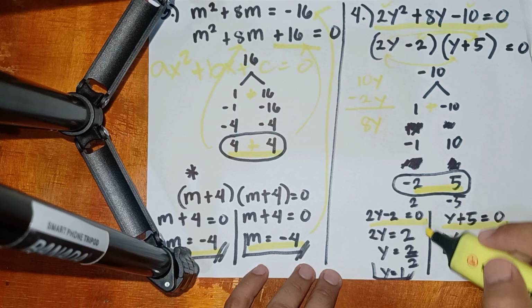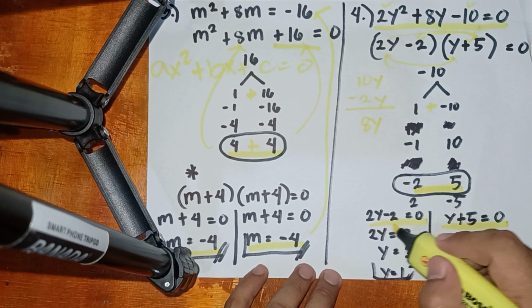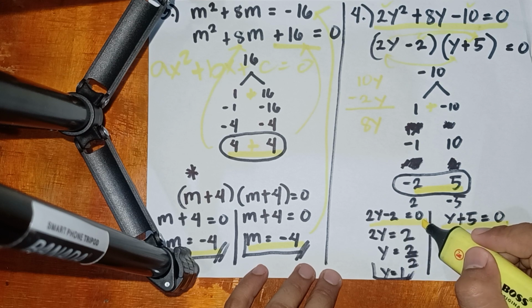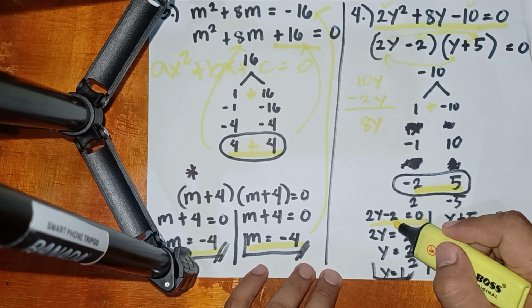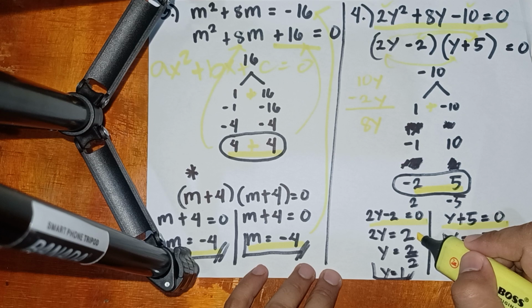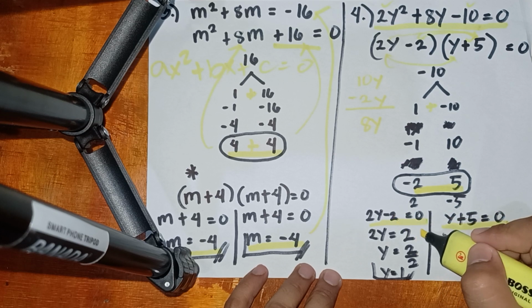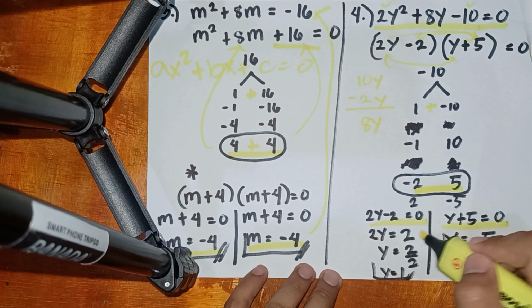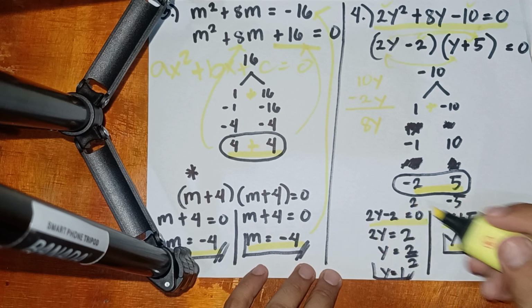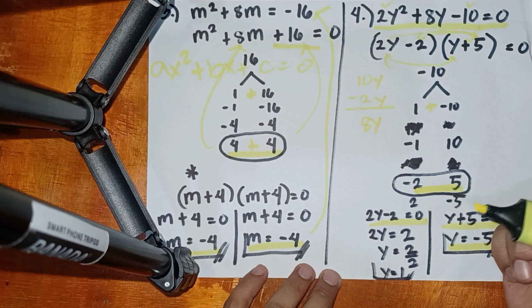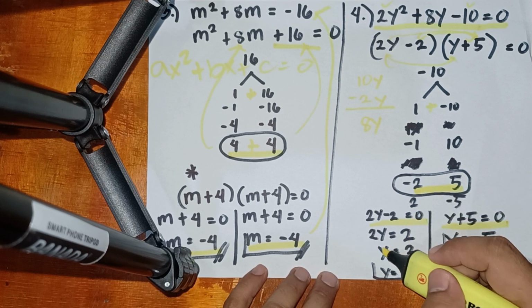Now for the other equation, 2y minus 2 is equals to 0, you just need to transpose 2 to the other side of the equal sign. So that will become, from negative, that will become positive 2. And then 2y is equals to 2. Then to get the second value of y, you need to remove the numerical coefficient of y.